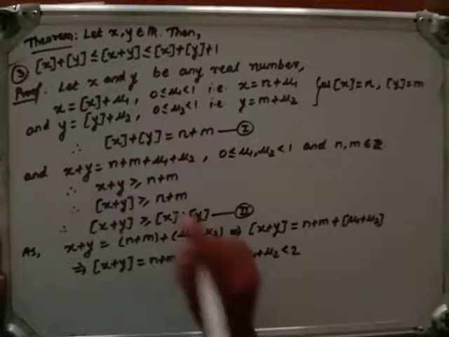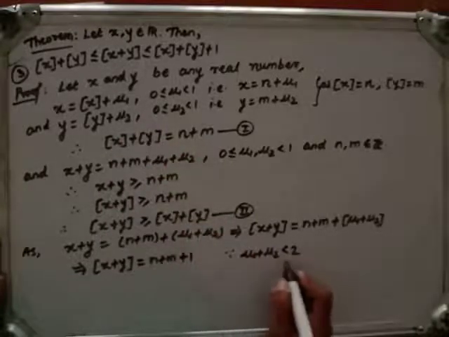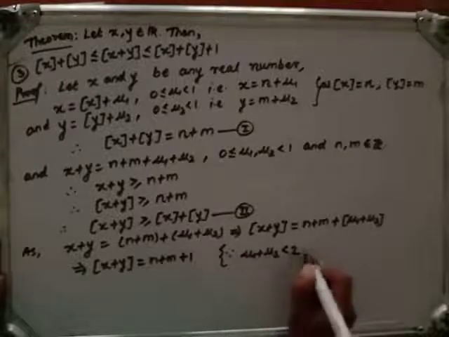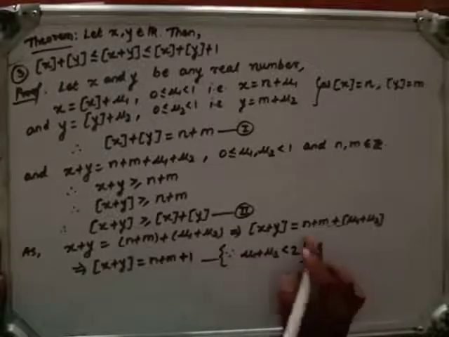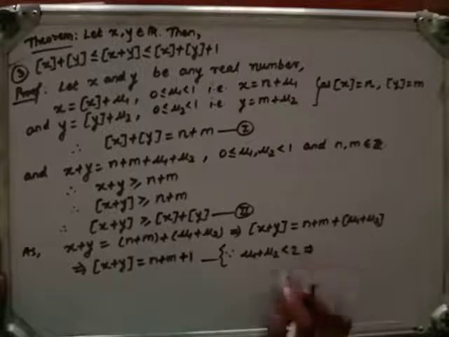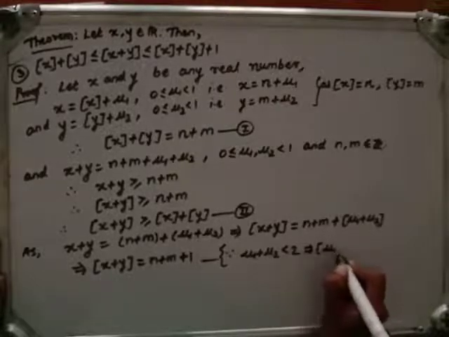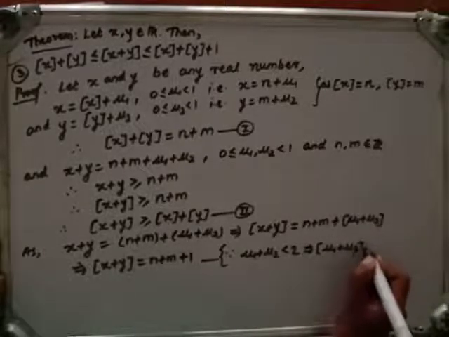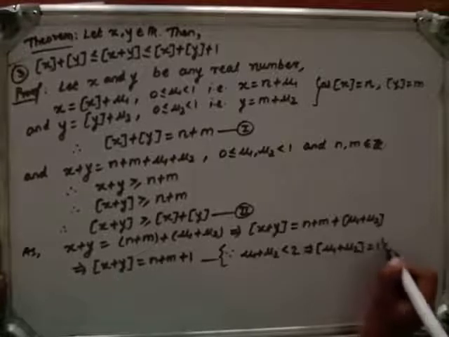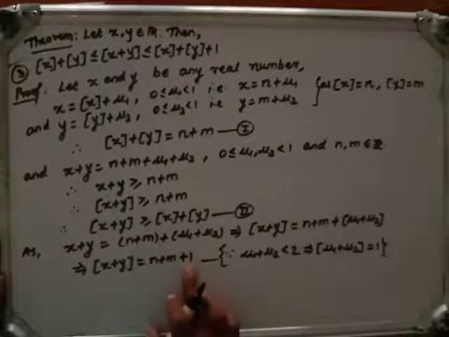But it is greater than or equal to 0. So this gives the greatest integer function of mu1 plus mu2 as how much? 1. So here we can put 1.